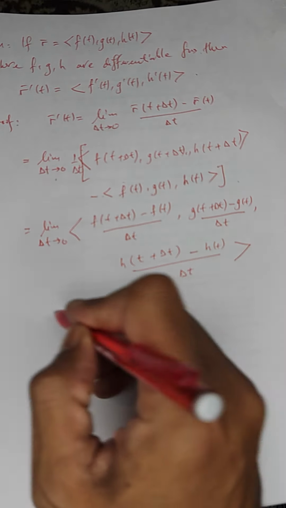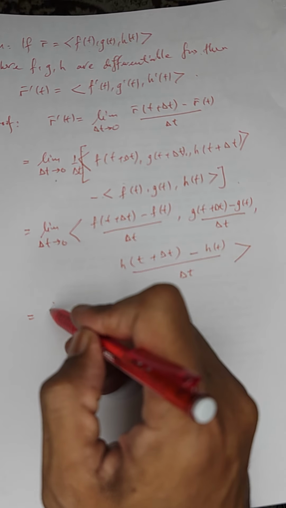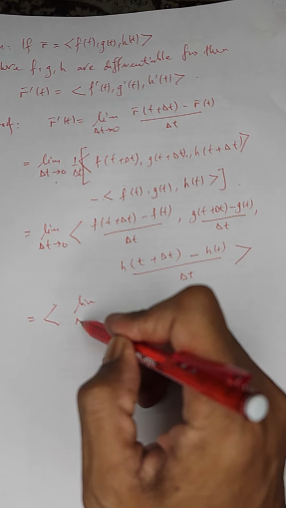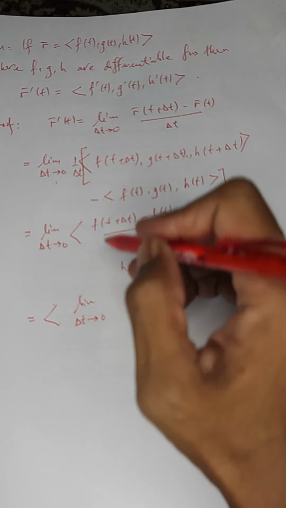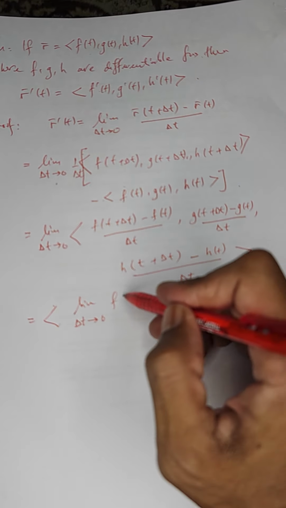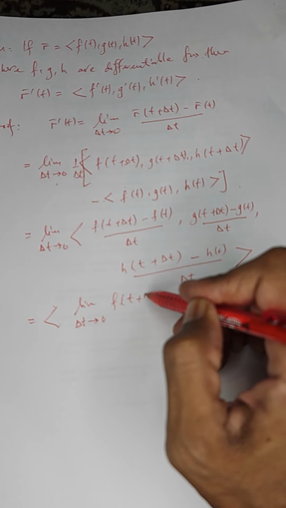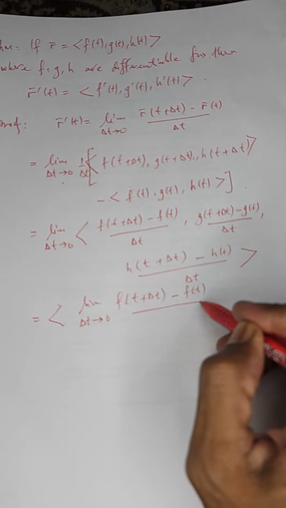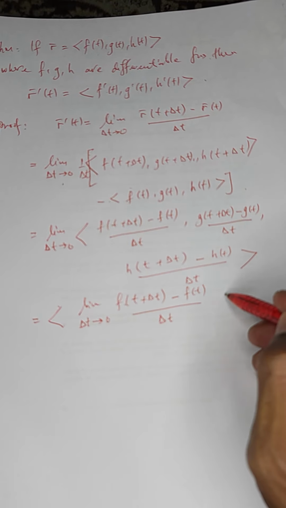So I just rewrite this. We take a limit for each of those components as delta t goes to 0. The first component is f(t plus delta t) minus f(t) over delta t.